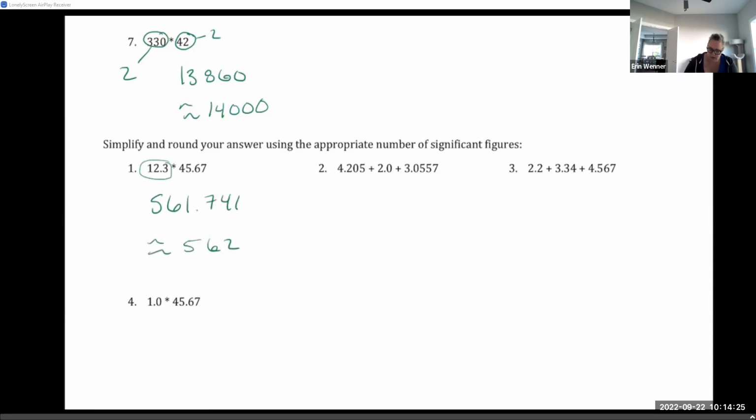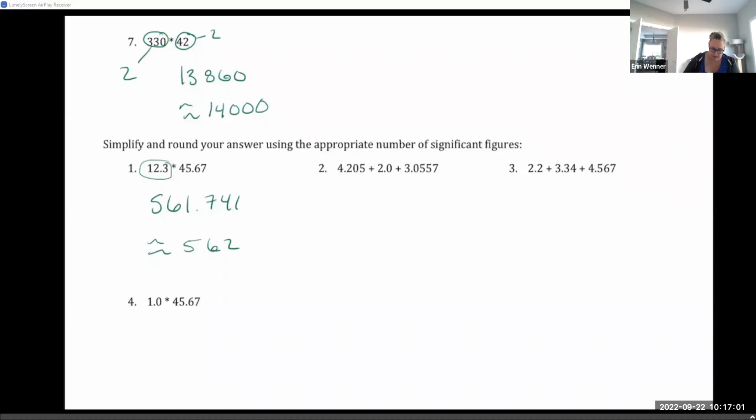Switching back to addition. So remember, with addition, you're going to add these together, and then your answer has to be rounded to the least number of decimal places as the numbers that are used. So go ahead and do number 2 and number 3, and we'll talk about them.